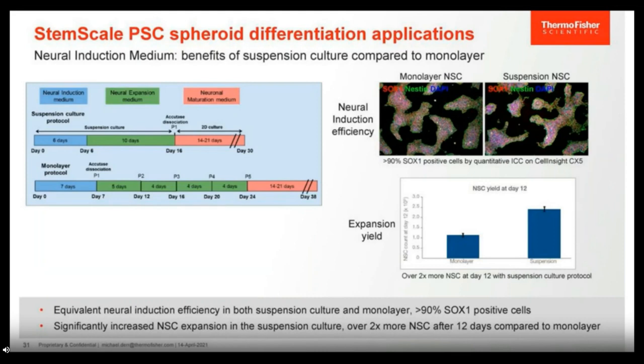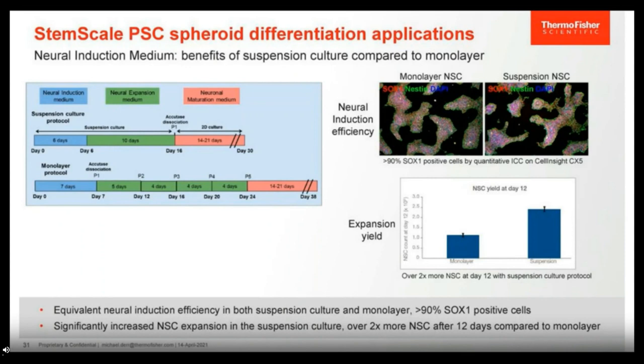And next, we're comparing performance. So induction efficiency is quite equivalent for both of the protocols in that you achieve over 90% SOX1 positive NSCs. And then comparing expansion, the suspension culture protocol yields much more cells.